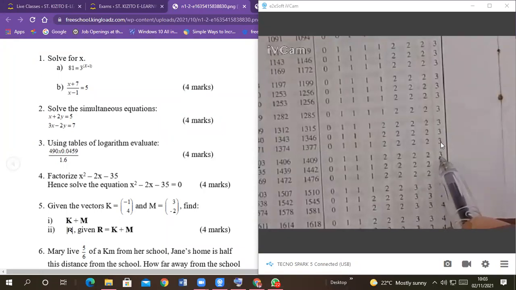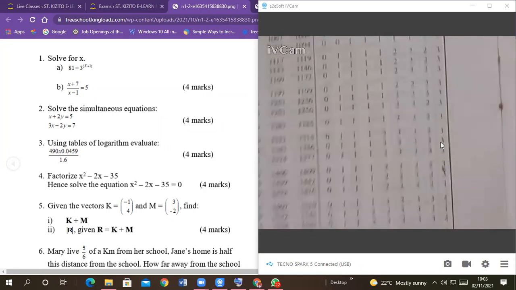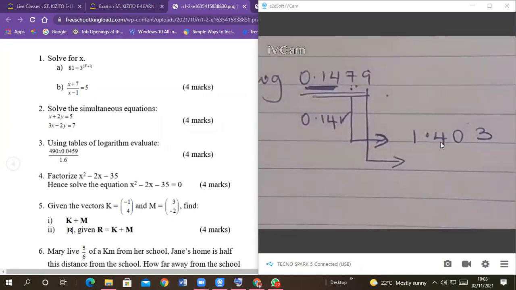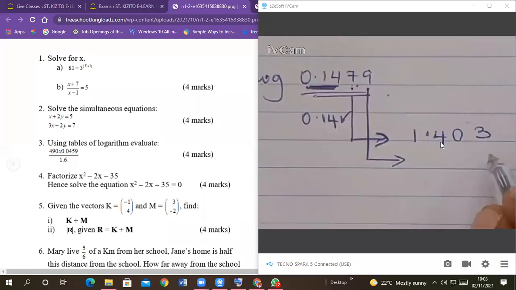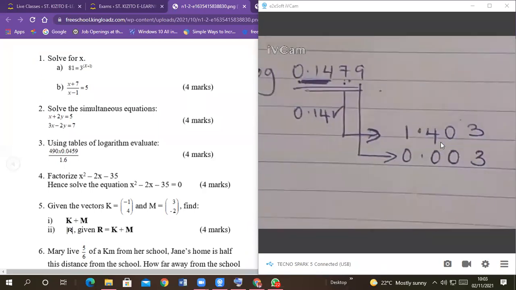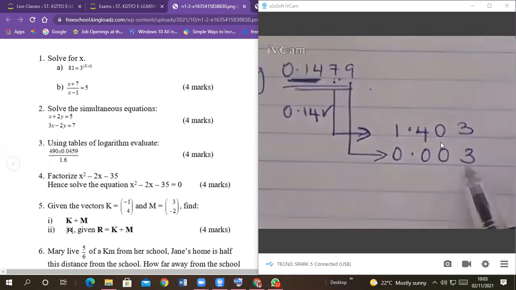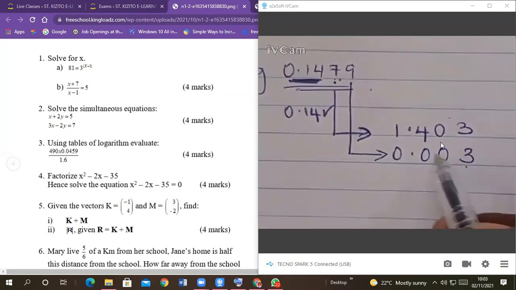So I'm going to write that 3 to 3 decimal places. So I write that 3 here, but the rest I fill with zeros and I put a point.